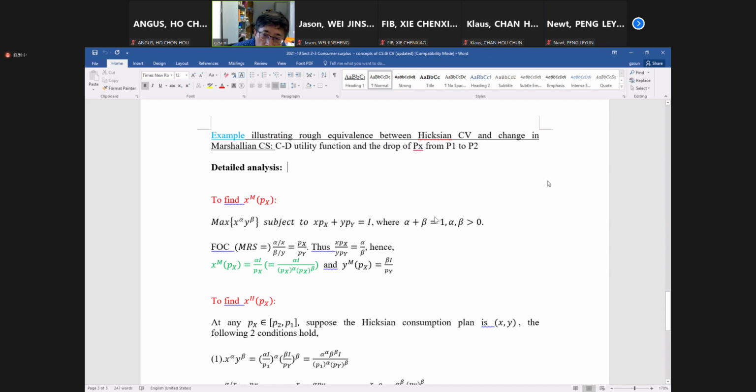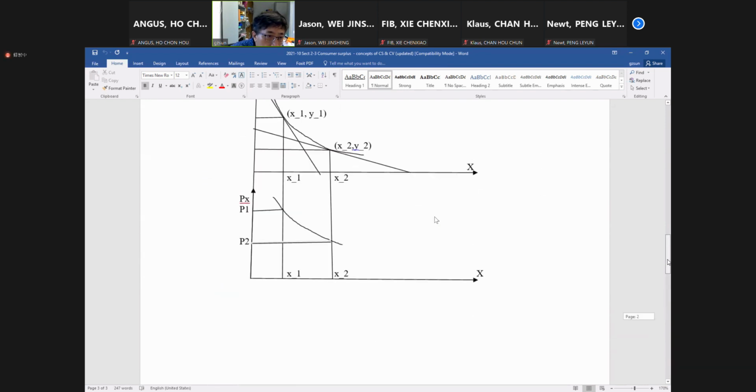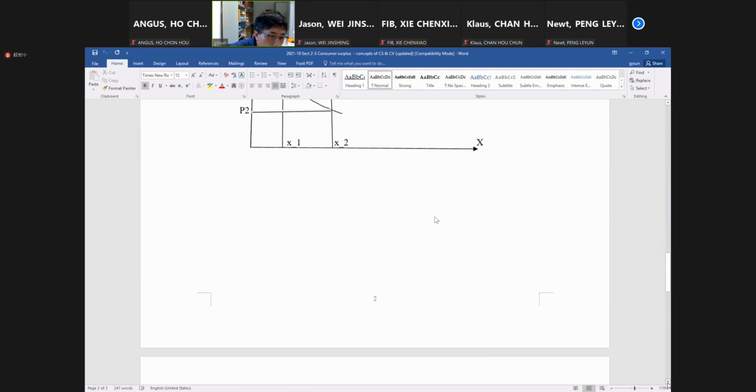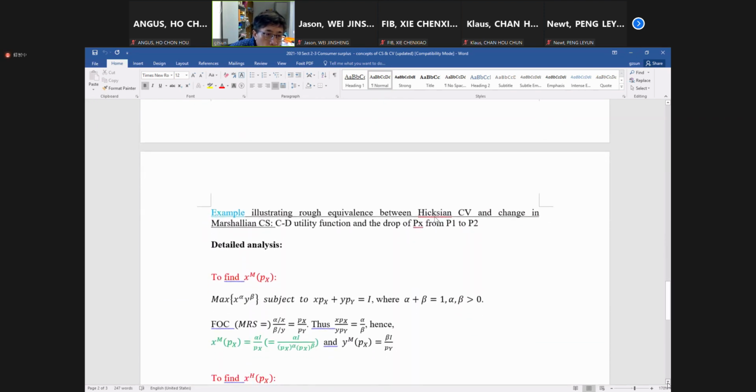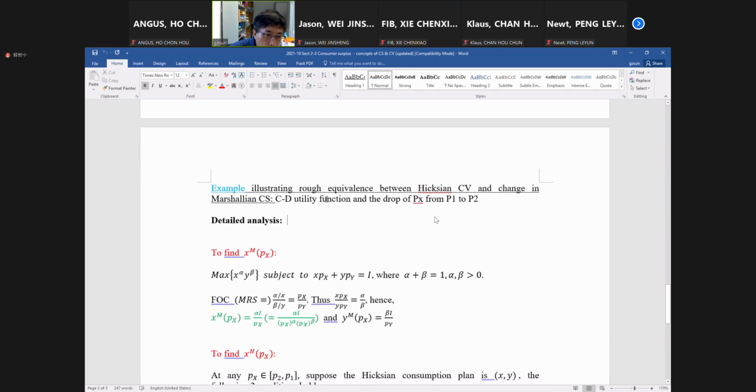That's what we just looked at on the curve. What we need to analyze is this: for this Cobb-Douglas utility function, with the price drop, let's look at what we can see using the two different demand curves, one the Marshallian demand, the other the Hicksian demand.